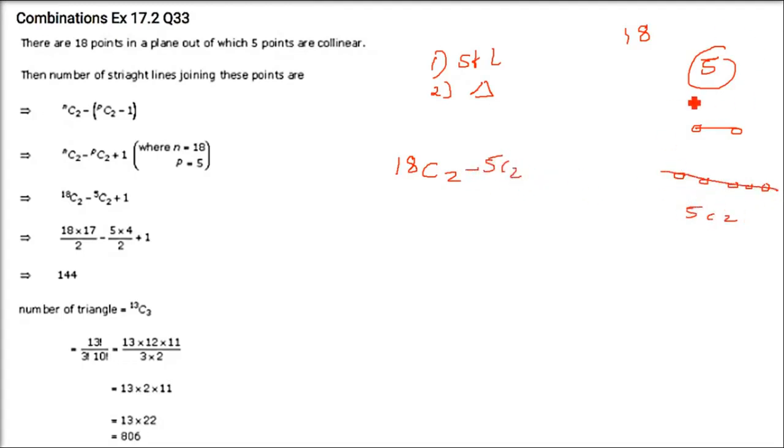So 5C2 you remove it. See, 5 points, if you combine any of these in any way, it will be the same line. So 5C2 you have to remove from all the combinations. But the actual line which is there, that is also removed. So you have to add 1. The actual line should not be removed. Right, 144 will be there.